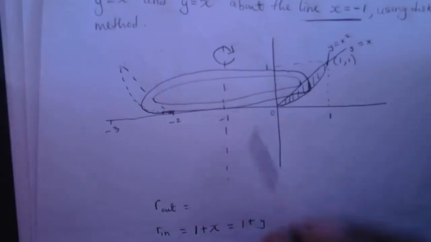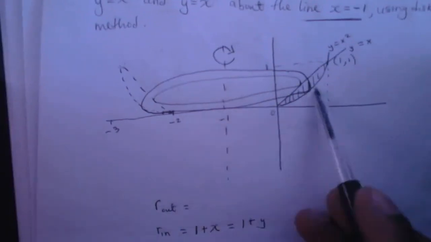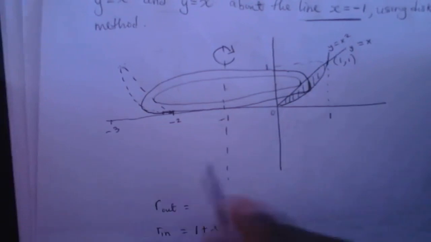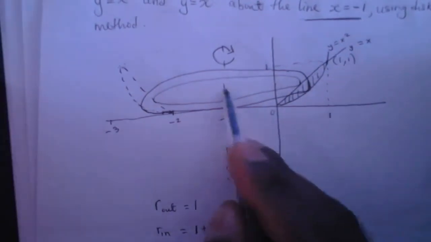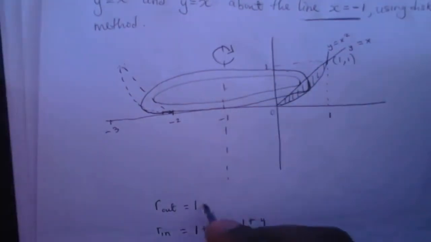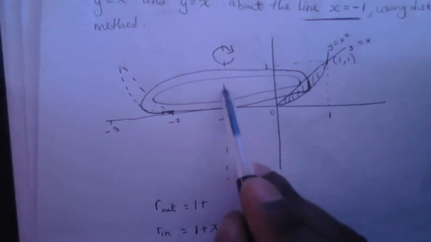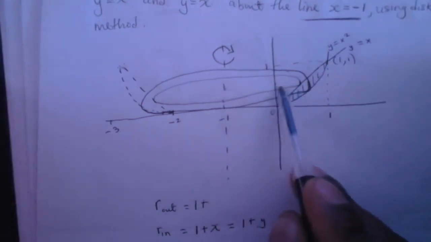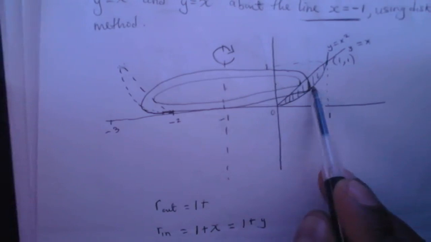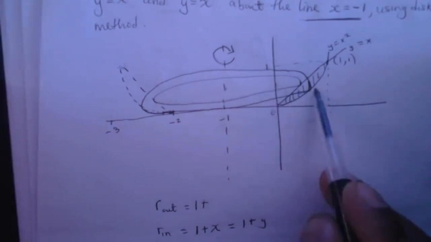Let's look at the outer edges. Again, there's a distance from here all the way to the parabola now. So first we know that we're going to have 1 from here to here, plus we're going to have this distance from here now all the way to the parabola. Again, if you look at it, it's just some unknown x value.